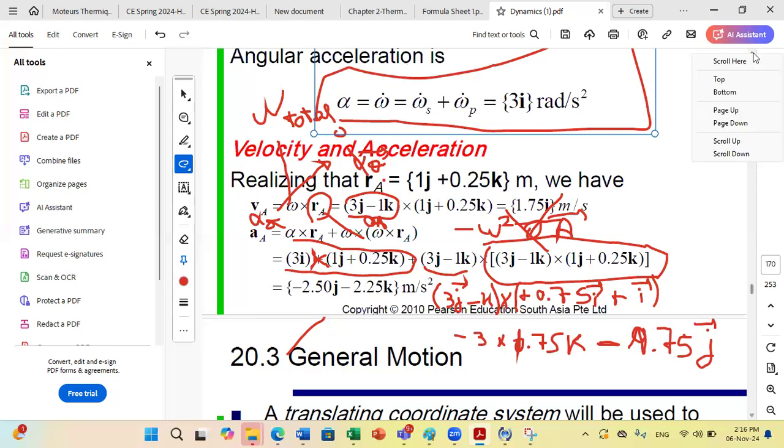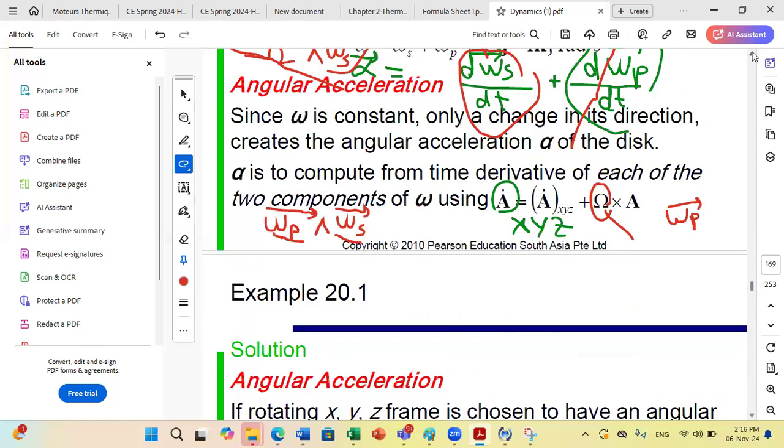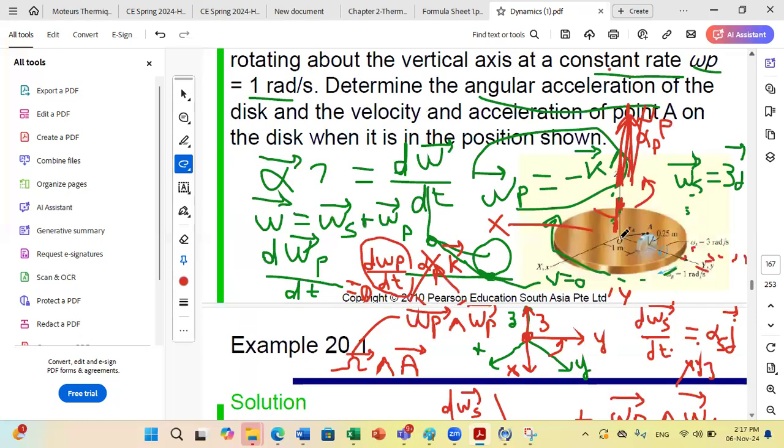In what sense? We can say that, if I go back to my figure, first if you look at your disk, the center of the disk is doing what? A rotation. And A is rotating about the center of the disk.